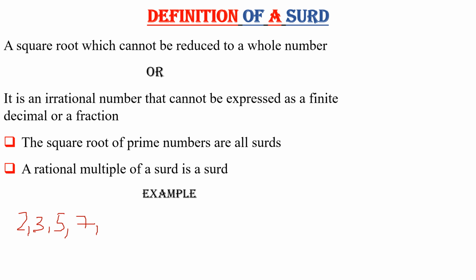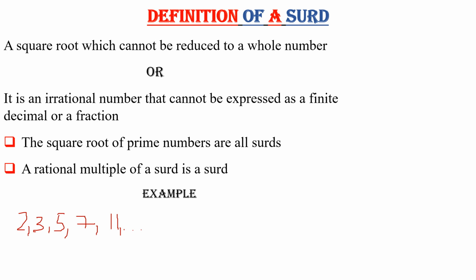Therefore, the only factors are not just 1 and 9. So 9 is not a prime number. The next is 11 and many more. So if any of these numbers is found under the square root sign, then we are looking at a surd.